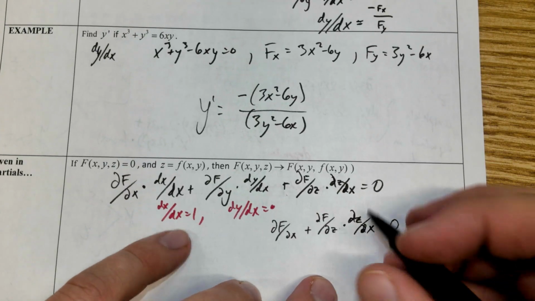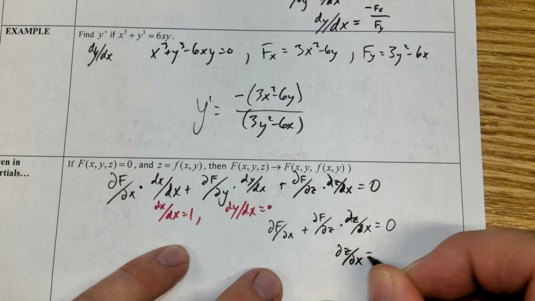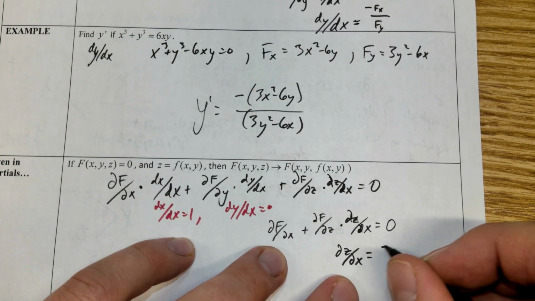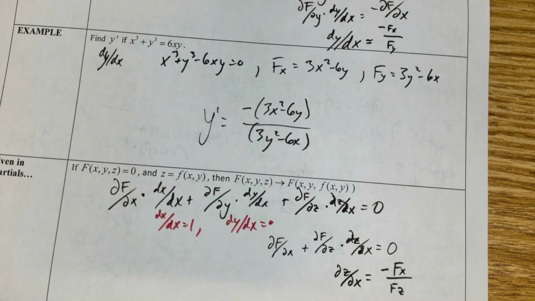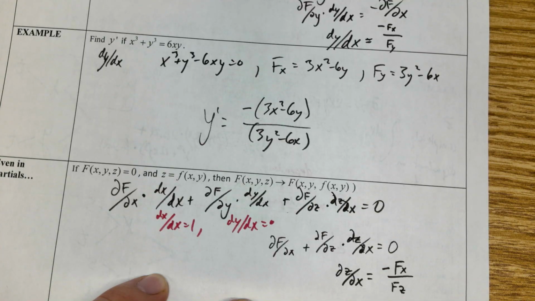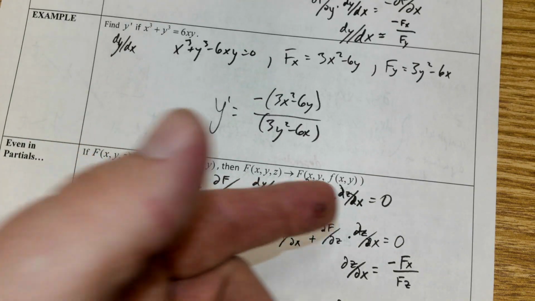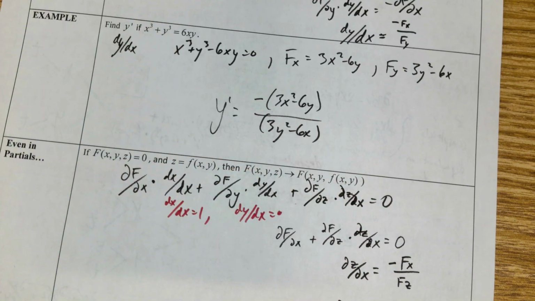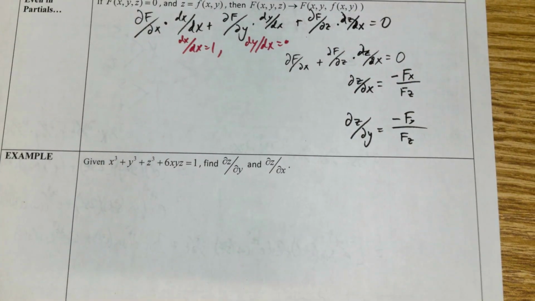So then I know that dz dx is negative f sub x over f sub z. And by the same exact token, if I wanted this for y, it'd be negative f sub y over f sub z. I would just change which one I'm looking at, and dx dy would be 0 because it's held constant.